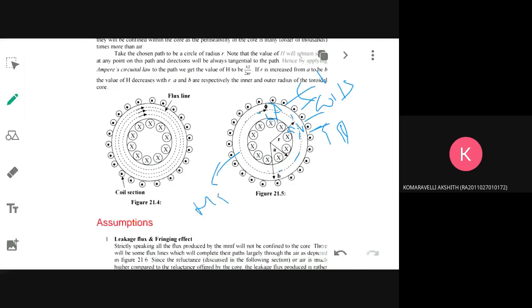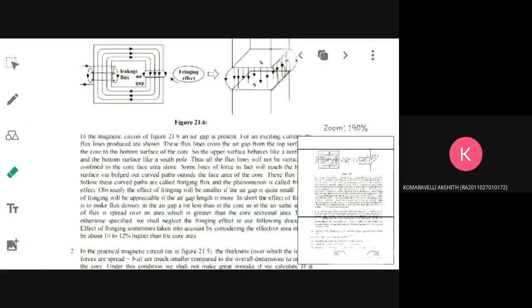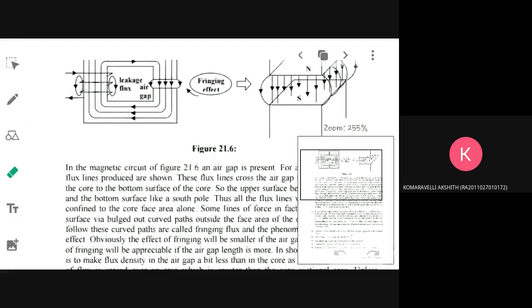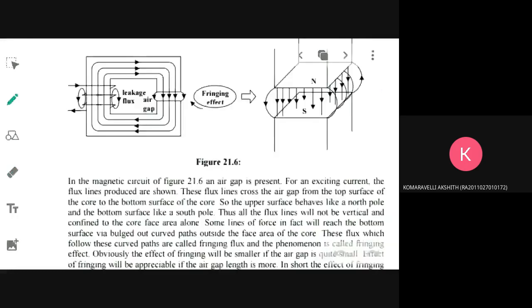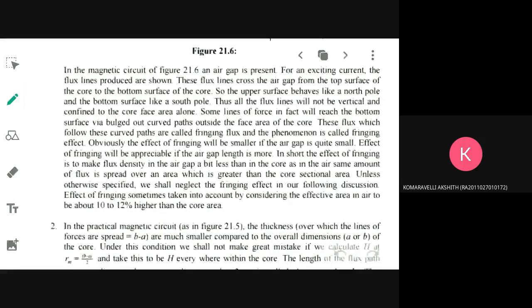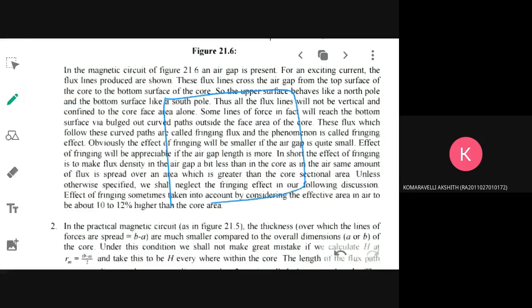But the problem is the flux lines will not always be useful. Suppose you take the case of a transformer. Do you know anything about its construction? This is one magnetic specimen, usually called a core, a magnetic material.